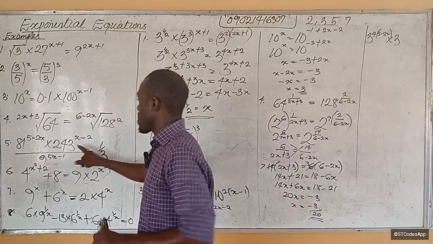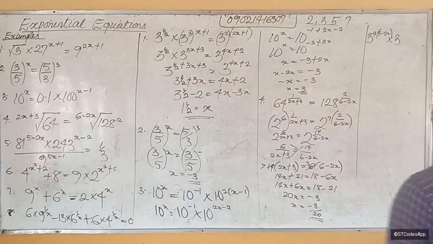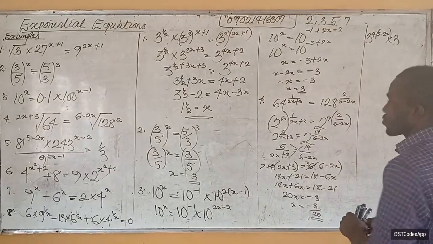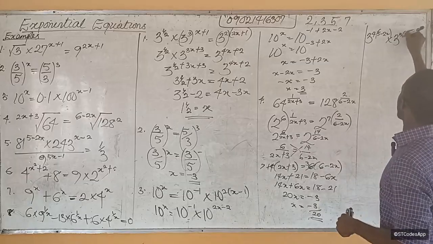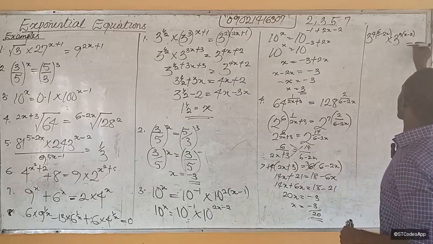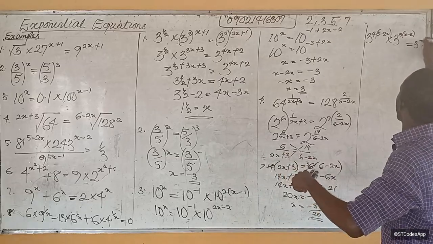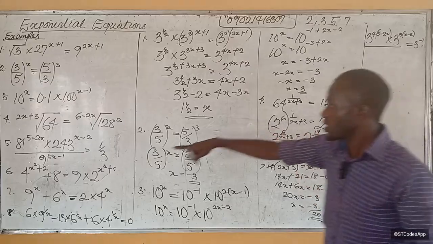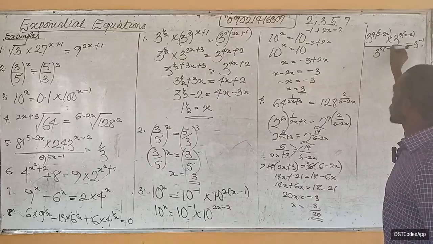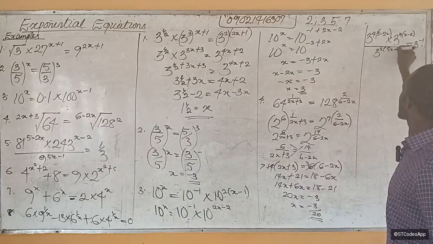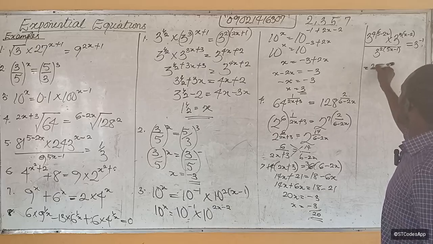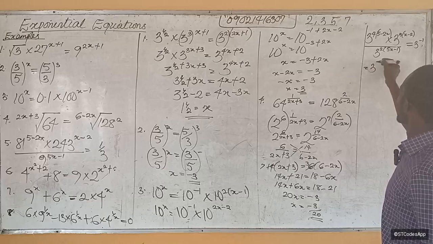That's 3 raised to power 5 now. Be sure. I'm sorry, my microphone stopped the other time. 5 into bracket x minus 2. So is equal to 1 over 3, which is 3 raised to power minus 1, over this is 3 squared, right? 9 is 3 squared. That will be 3 squared into bracket 5x minus 1. So this becomes, pick one here, right? So that becomes 3 into bracket 20.